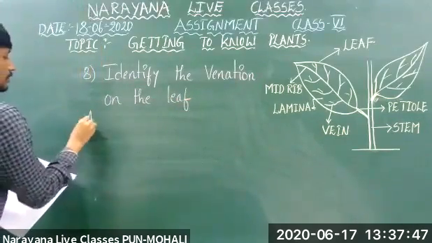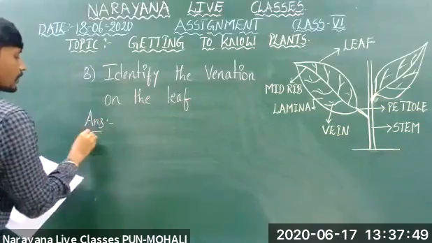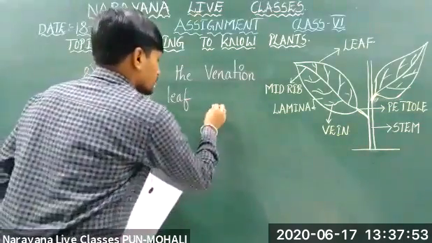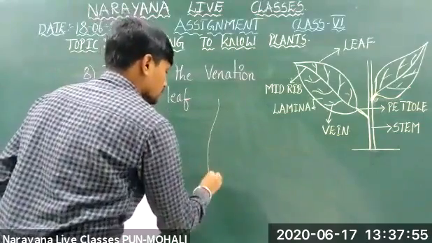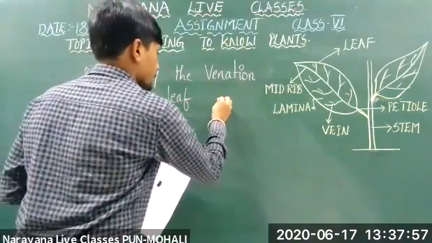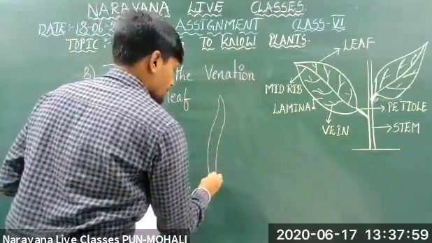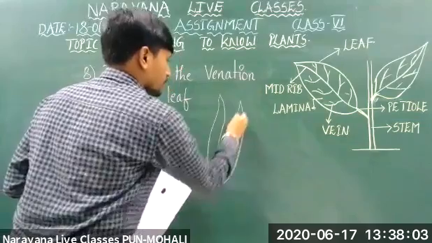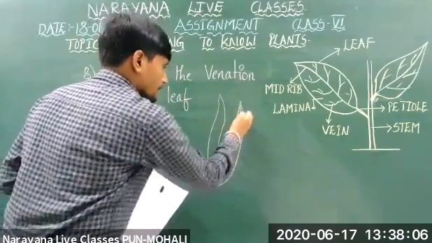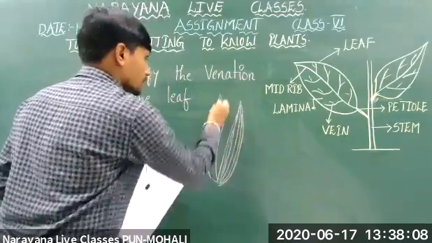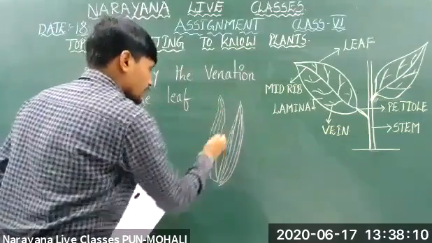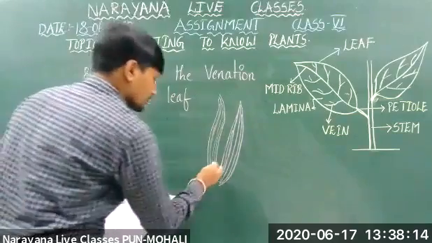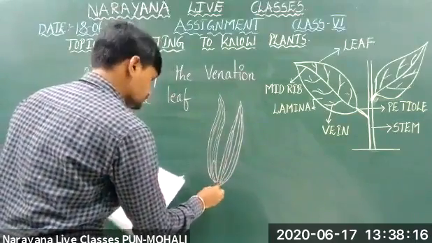So here they have given one diagram and they are asking us to identify. These are the veins generally present in the diagram which they have given.